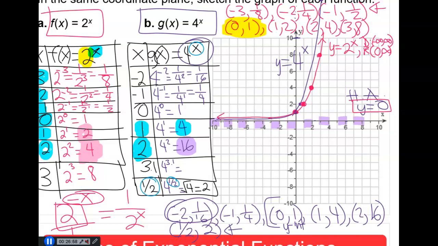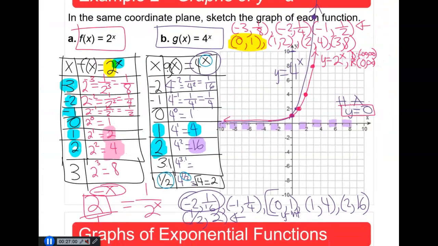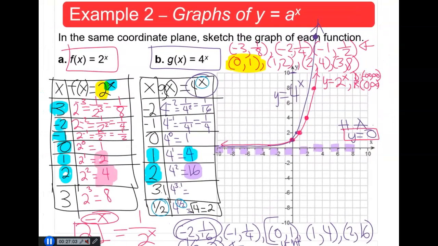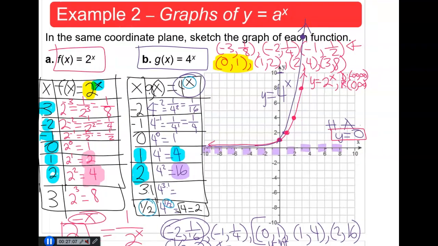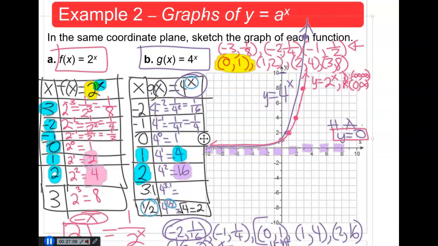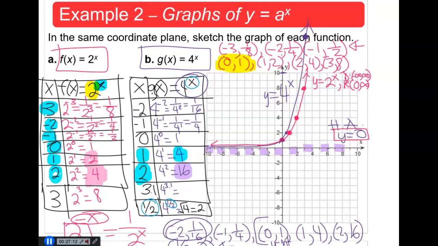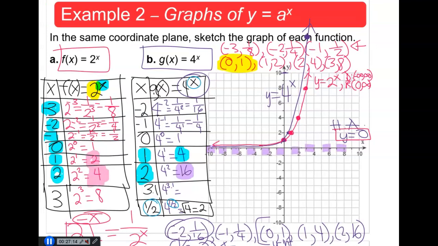Okay, so actually, if I change that exponent to a 3 and I calculate, 4 to the power 3 is 64.